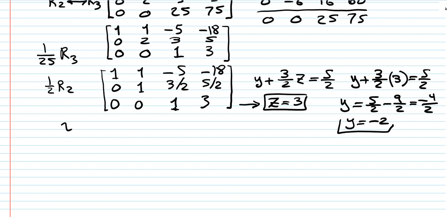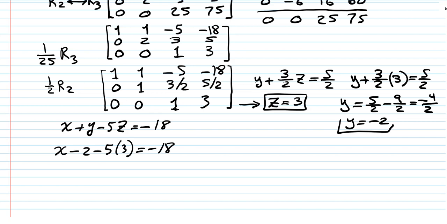Well, the first row reads x plus y minus 5z equals -18. And that would be x, -2, -5 times 3 equals -18. 5 times 3 is 15, and 15 plus 2 is 17, so -17. So I'm going to add 17 to both sides, and that will solve for x.